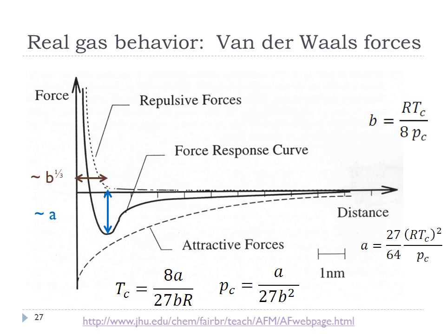So a molecule is going to have a certain depth of attraction and a distance at which that minimum occurs. The value of a is related to how strong the attraction is, and b is ultimately related to the size of the molecule. b is going to be the volume. b to the 1/3 is something about the linear dimension of the molecule.